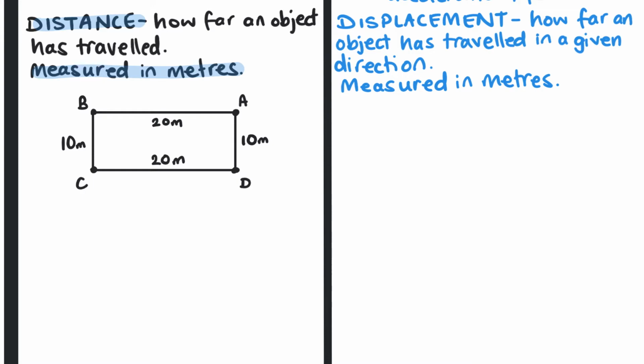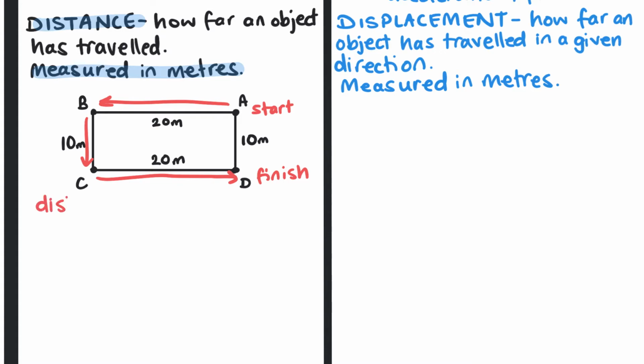We have a rectangle and there are four corners, A, B, C and D. So let's say that we were to start at A and we were to travel all the way around the perimeter of this rectangle and finish up at D. So we travel from A to B, from B to C, and then from C to D. The total distance travelled would just be the sum of each of these individual lengths.